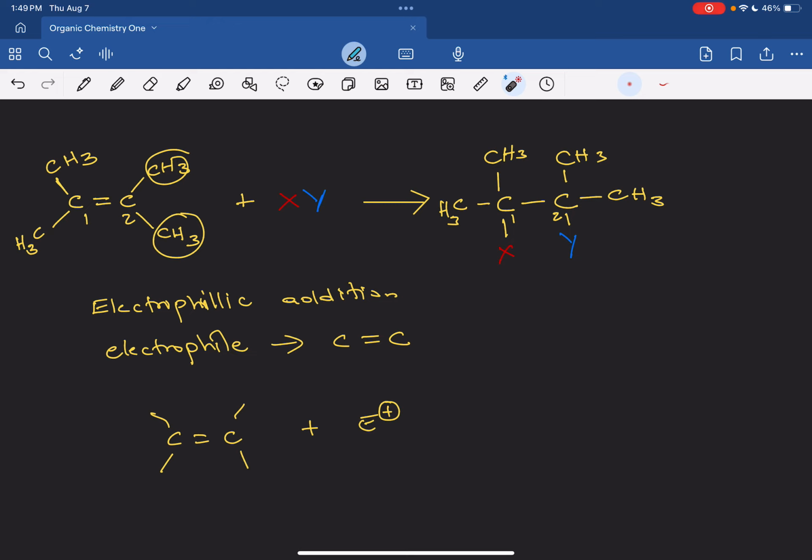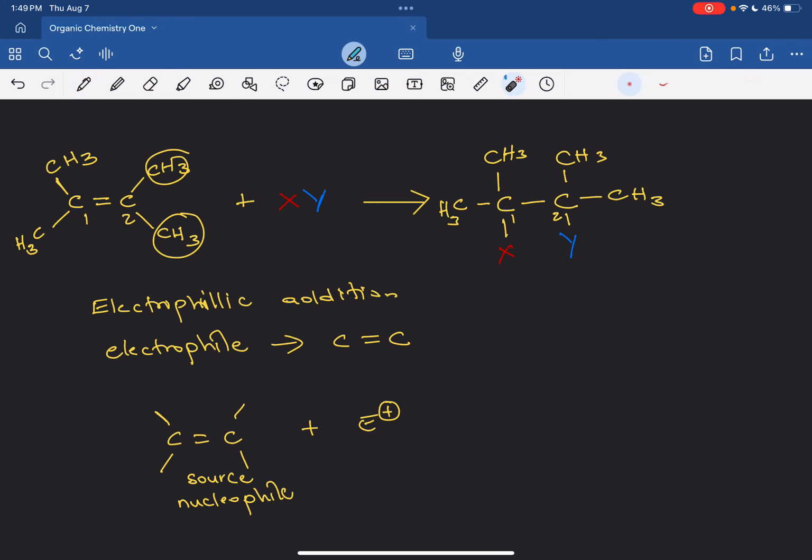But I need you to get the idea here, right? So we have the carbon-carbon double bond. I need you to remember this. Your carbon-carbon double bond is rich in electrons. So this is your source. That pi bond is rich in electrons, so it's your source or your nucleophile.